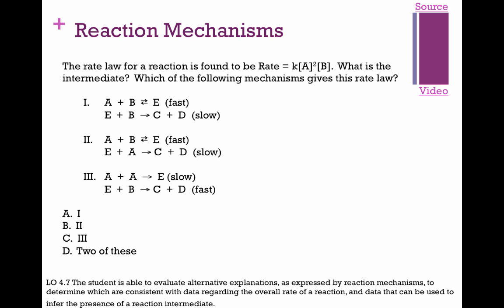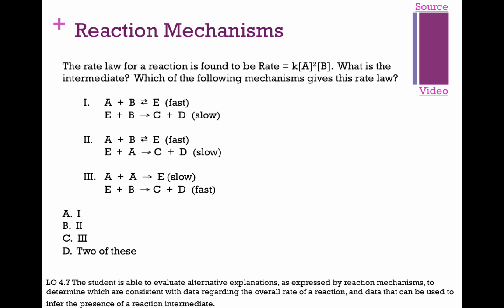Does that match what we were given up here? No. So mechanism 1 does not work. I'm going to skip 2 for a second and come down to 3. 3 is nice because our slow step is our first step. How would I write the rate law for mechanism 3? K times A squared.